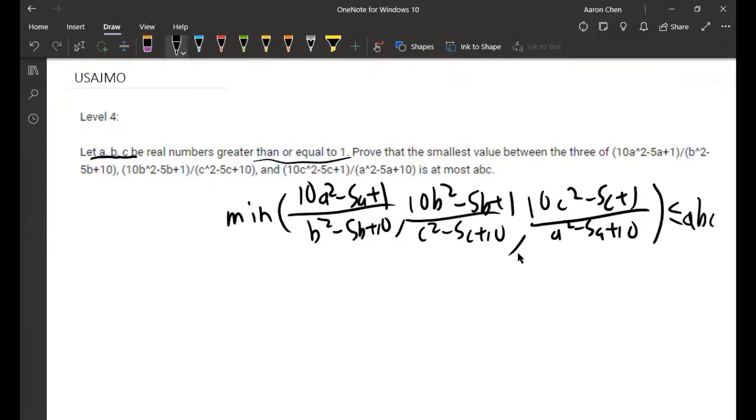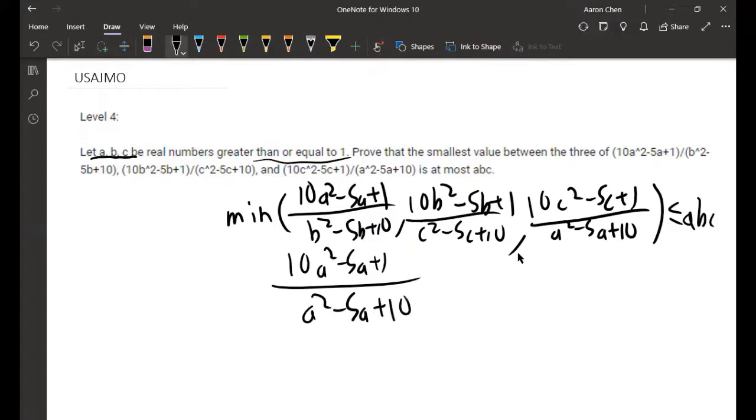And so, first of all, we can just completely ignore this condition for now and just focus on finding things in terms of 10a squared minus 5a plus 1 over a squared minus 5a plus 10.